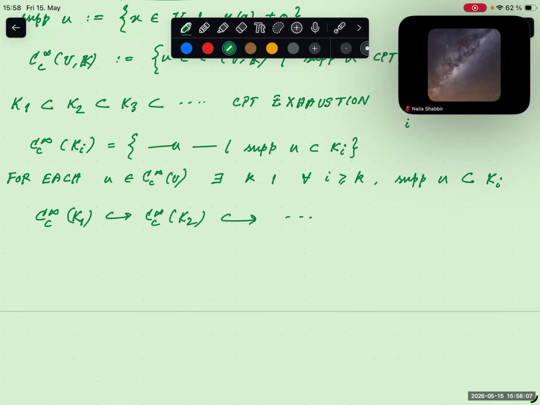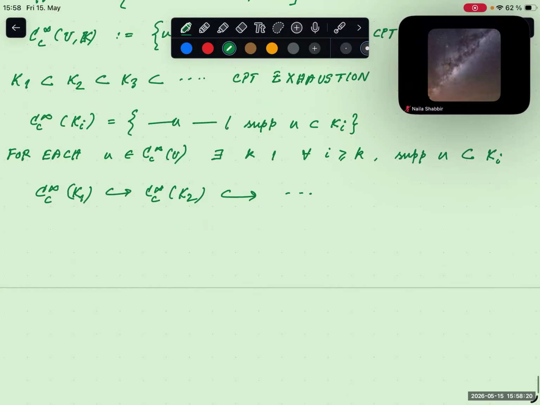Now, if we have a subset of something which has a topology, then what is a natural thing to do? You just consider relative topology.